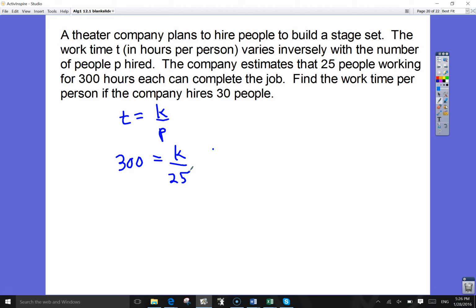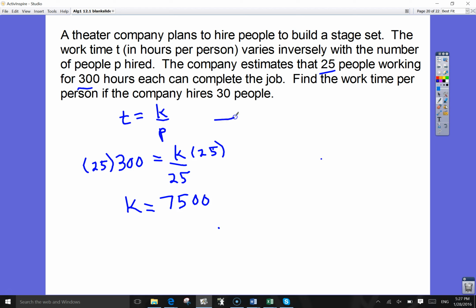By filling in those 2 values, we've got something in which K is the only thing we don't know, so we can solve, right? Multiply both sides by 25. And now we know that K equals 25 times 300. Let's see, 3 times 25 is 75, so it's got to be 7,500.